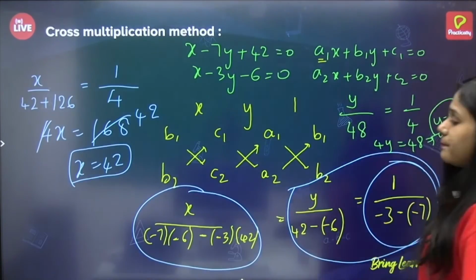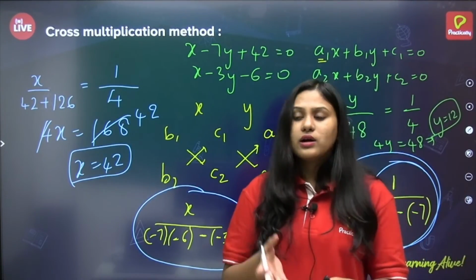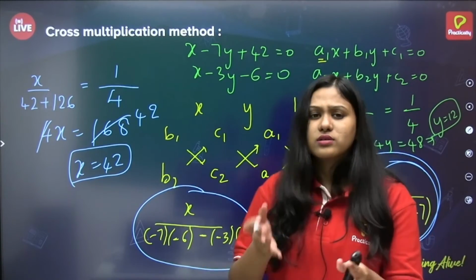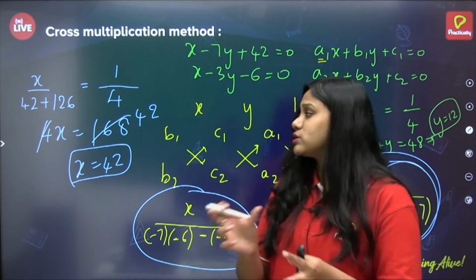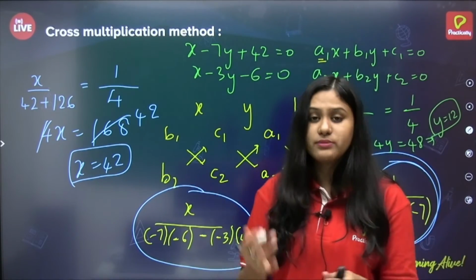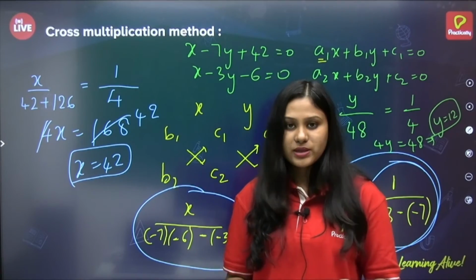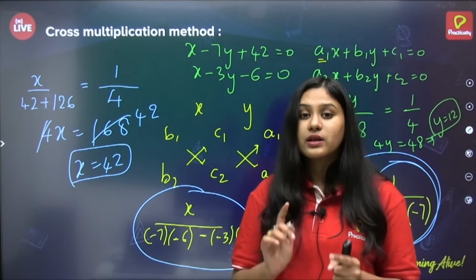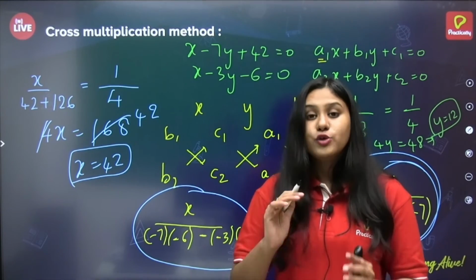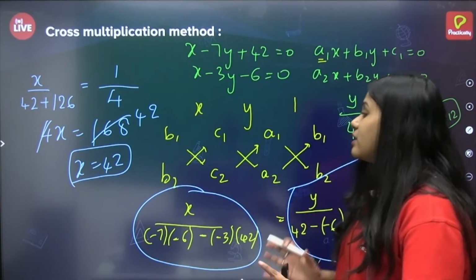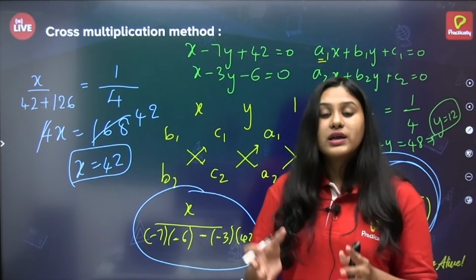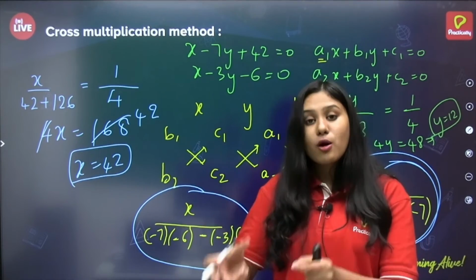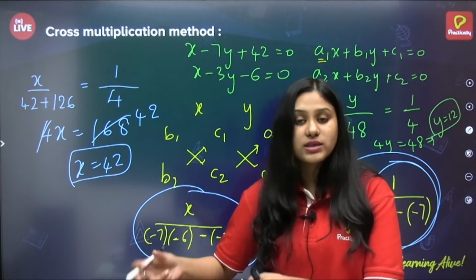Now you can compare yourself while doing same pair of linear equations in two variables in all these three different methods and see whichever you feel easy. And that is not the only point. You have to also check which method, if I apply, the problem is getting solved faster.